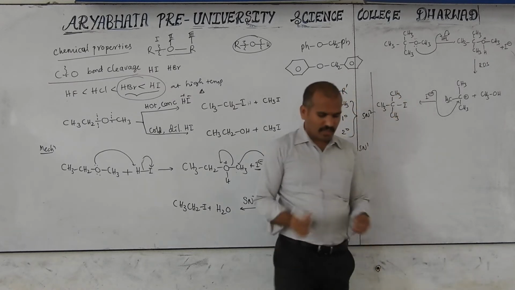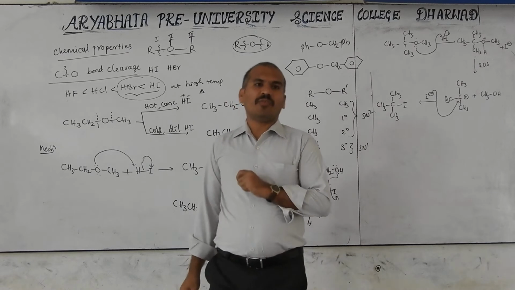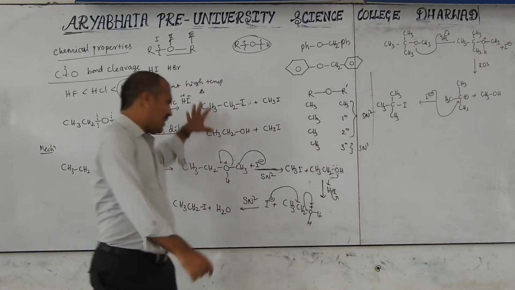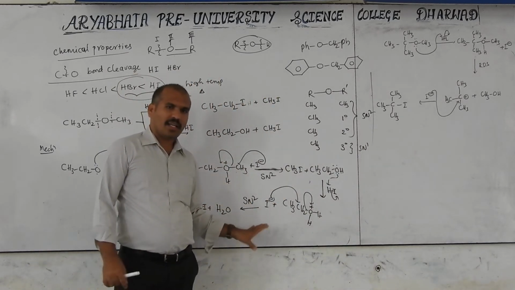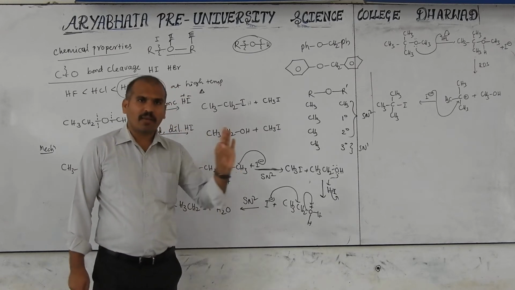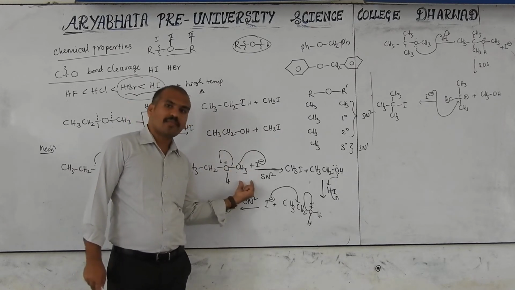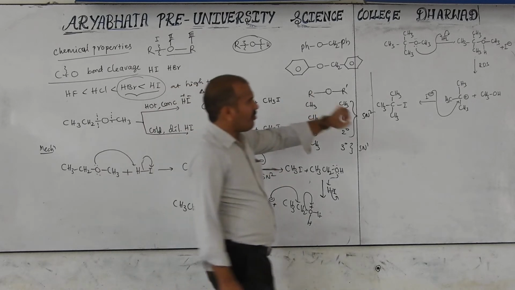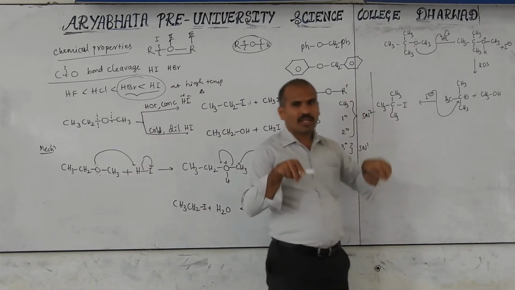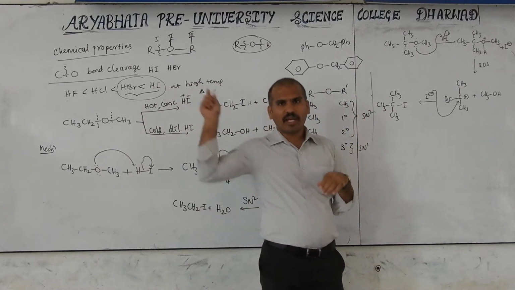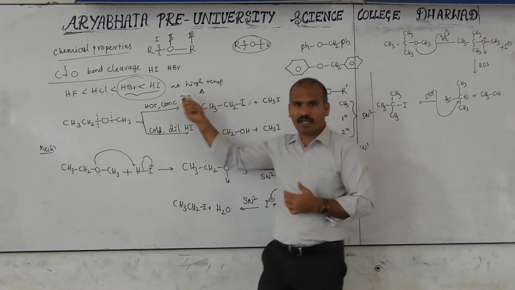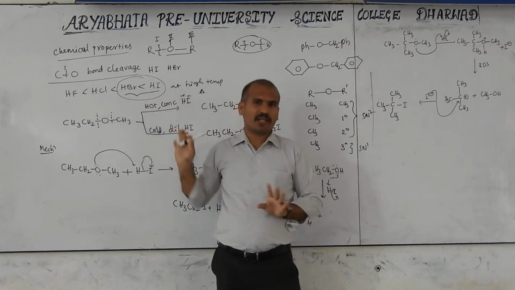Got the point here? When we get the I, if SN2 reaction is there, which group is attacked by the I? The smaller group. When SN1 is there, only the tertiary group will get the I or Br. If I am discussing always HI, the same explanation applies for HBr also.